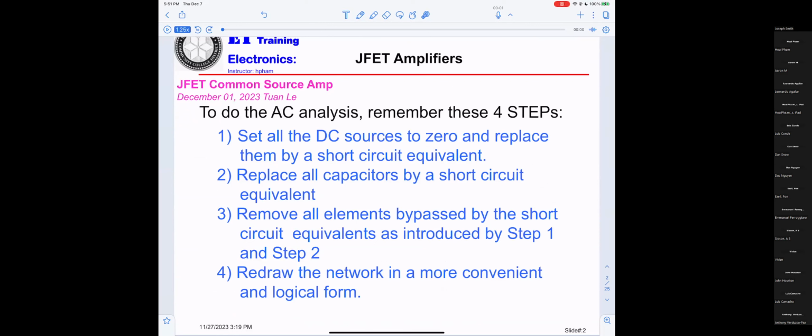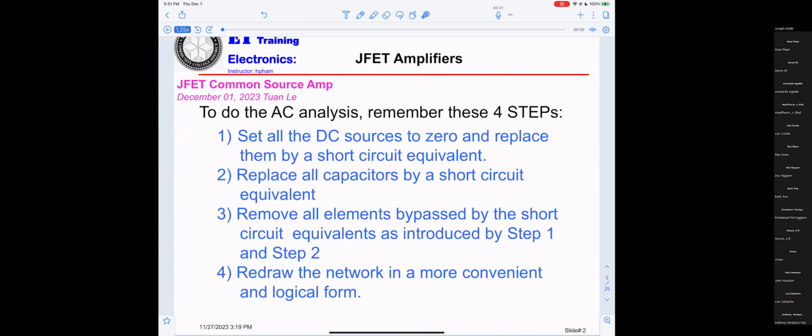Okay, you do AC analysis. Remember these 4 steps. Same thing like bipolar, okay? Set all DC sources to 0 and replace them by a short circuit equivalent. Replace all capacitors by a short circuit equivalent. Remove all elements bypassed by the short circuit equivalent, as introduced by step 1 and step 2.